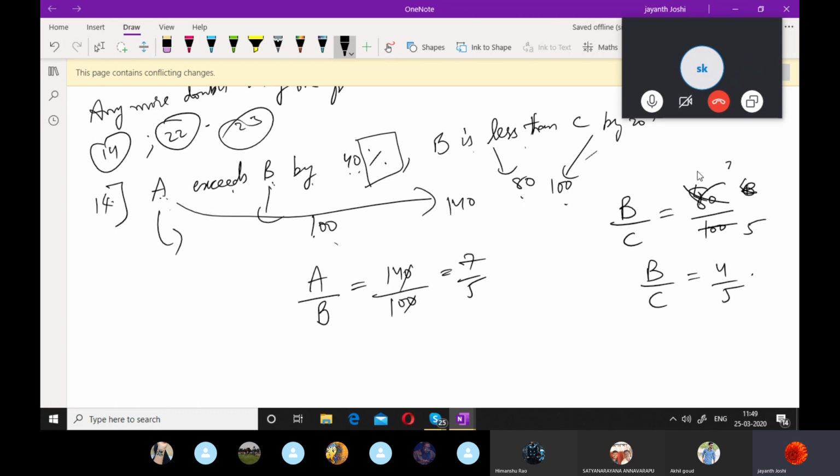So B we would take as 100, C 120. So the purpose will not be solved.